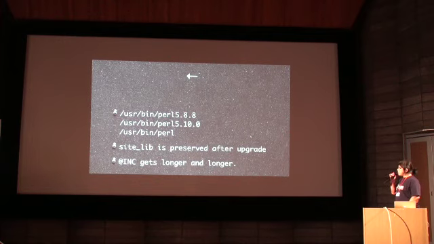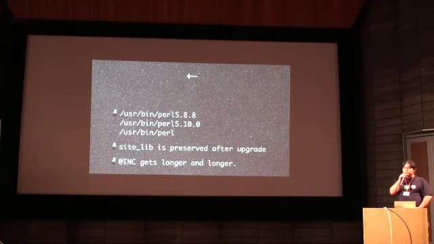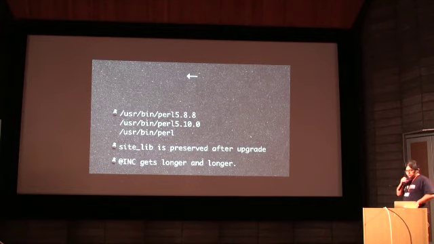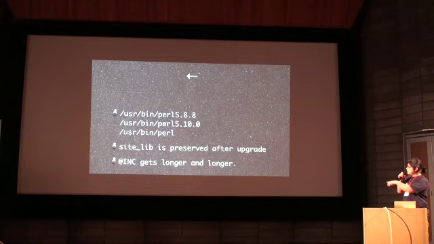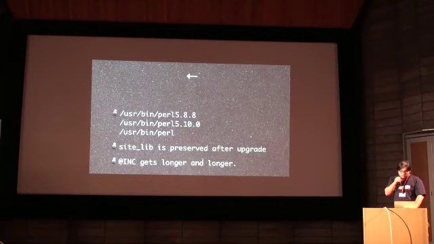So say you upgrade to 5.10, and the sitelib of 5.8 is still there. So you don't really have to reinstall every CPAN module that you have installed. However, that means the sitelib gets longer and longer every time you do an upgrade.